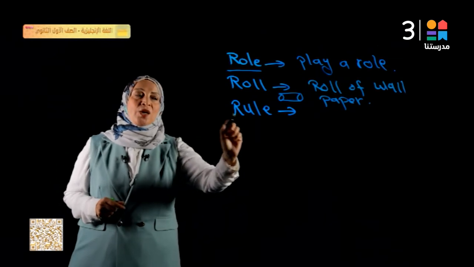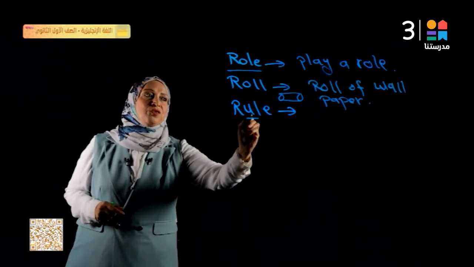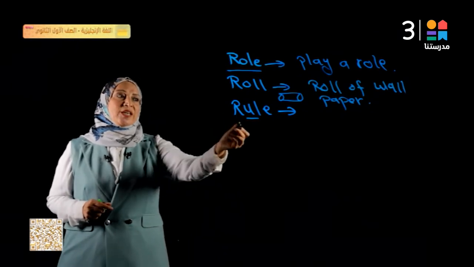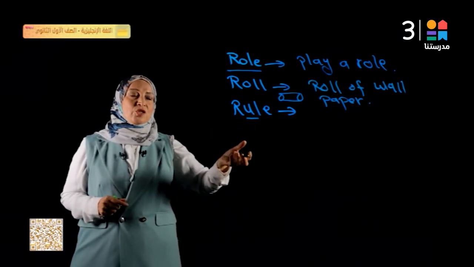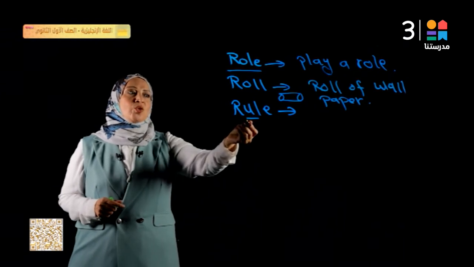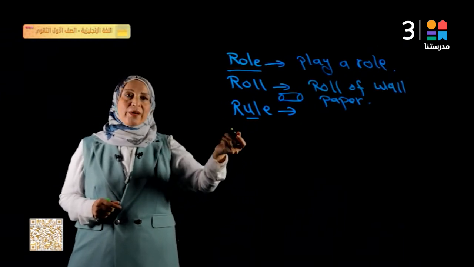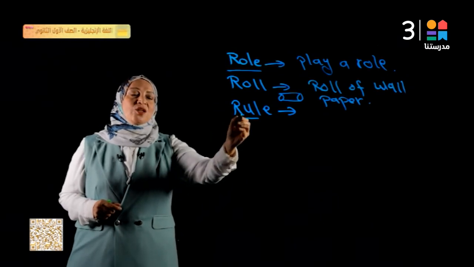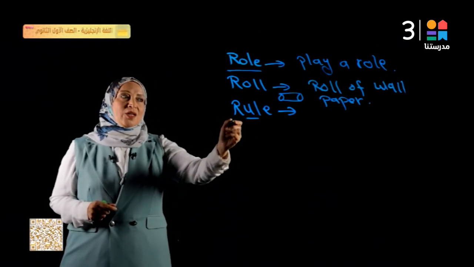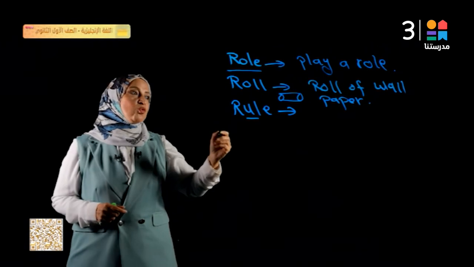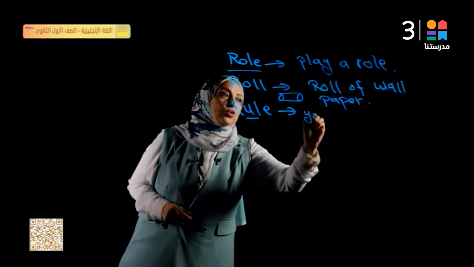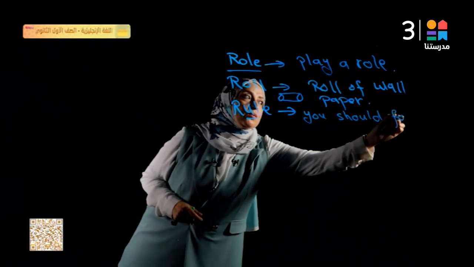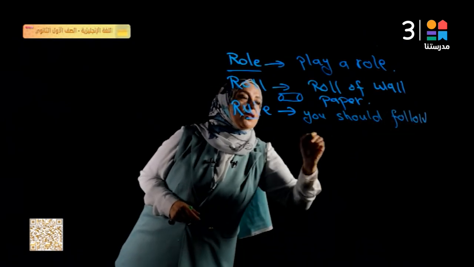What about rule? Here the pronunciation is different. We say rule. So what is rule? Rule can be a verb, means to govern. So we can say Queen Victoria ruled Britain. Ruled معناه governed, معناه حكمت بريطانيا. But we can say rule again is a noun. It means the rules. You should follow the rules at school.